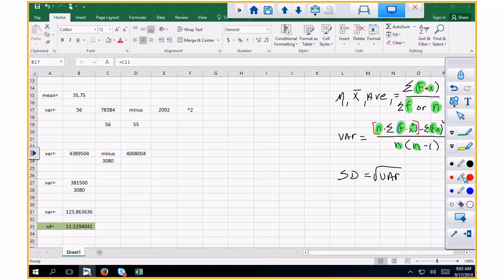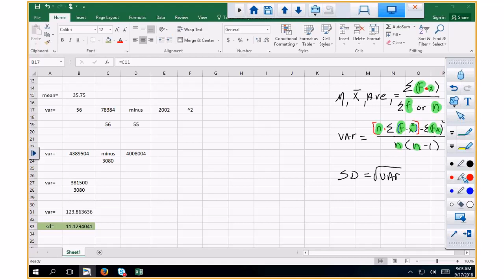N times the summation of f times x squared. In other words, my column of f times x squared summed. Okay, so that's that number right there. Minus, what?